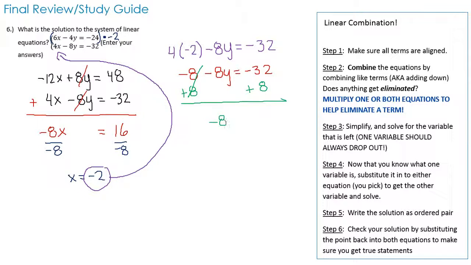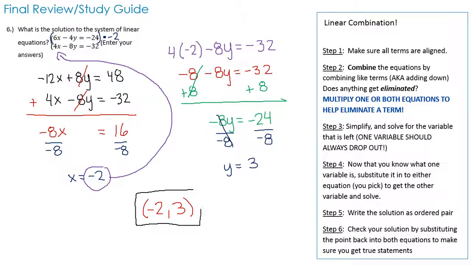So we have negative 8y is equal to negative 32 plus 8, which gives us negative 24. Divide both sides by negative 8, and we get y is equal to positive 3. So now we have our solution, written as an ordered pair: negative 2, comma 3.